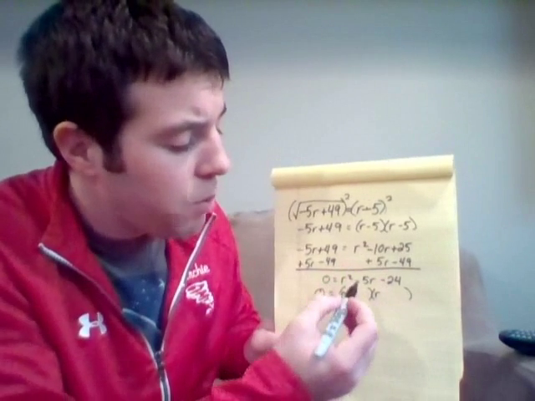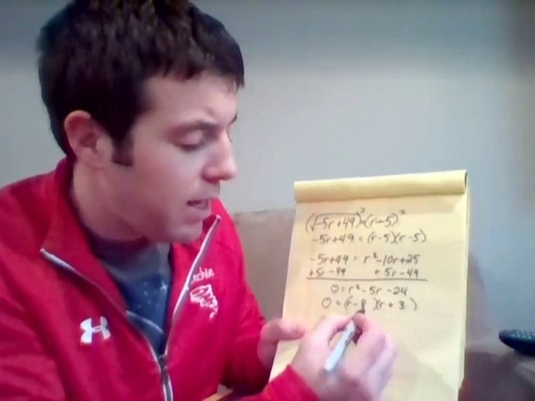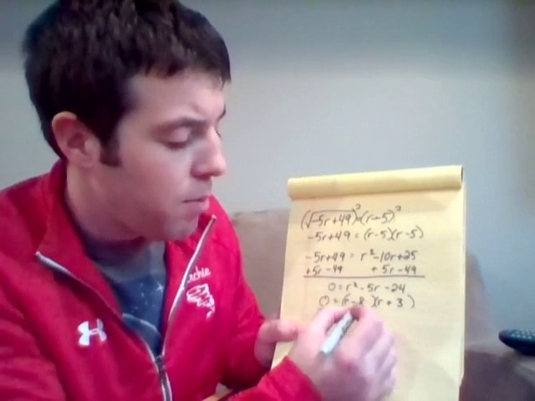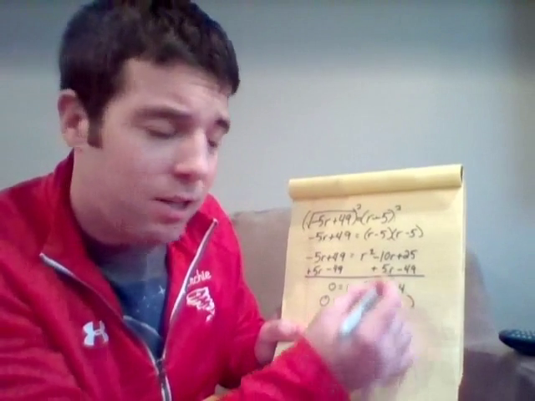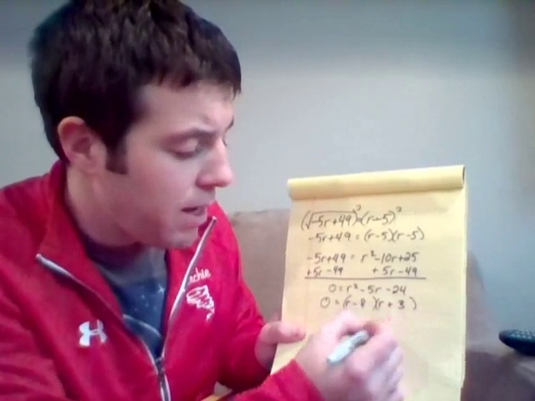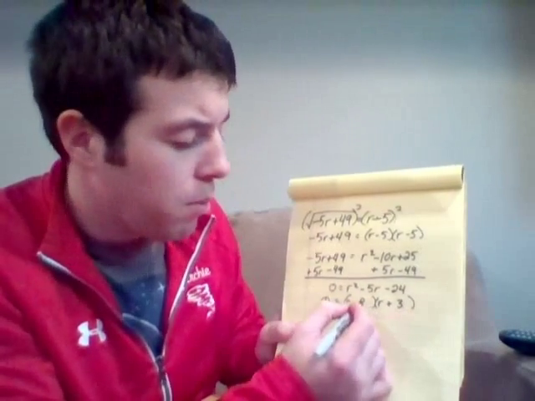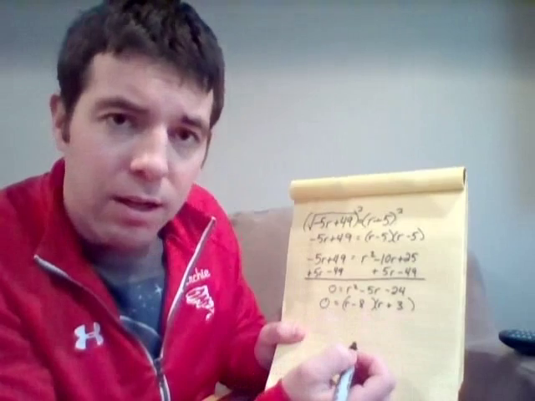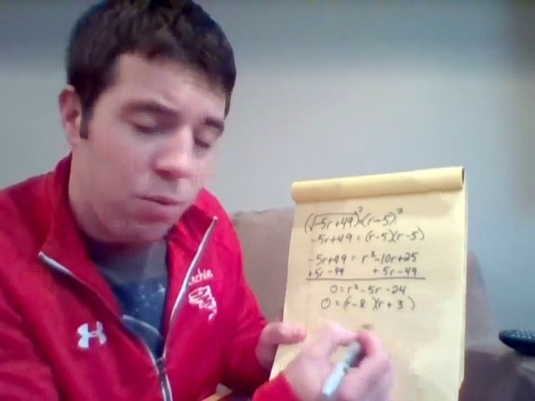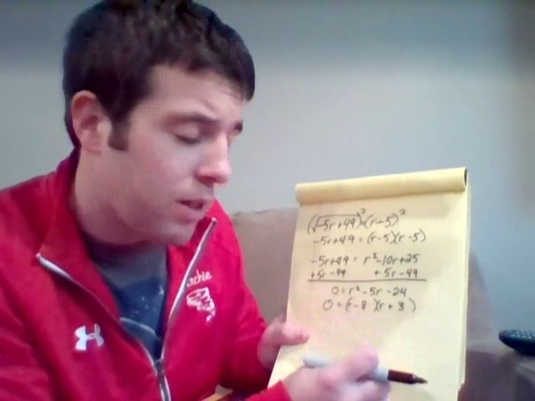When I do that, I'm going to get a negative 8, positive 3. Remember, we can check that by saying outsides plus insides should equal b. My outside's 3r plus negative 8r equals negative 5r. That's a really quick and easy way to know that you're doing it right.